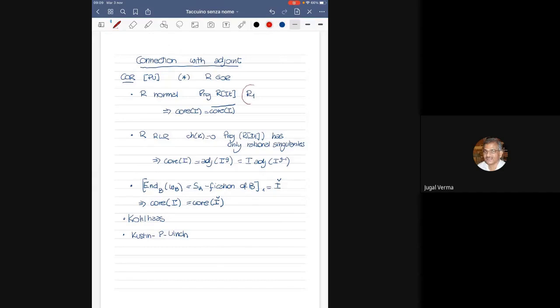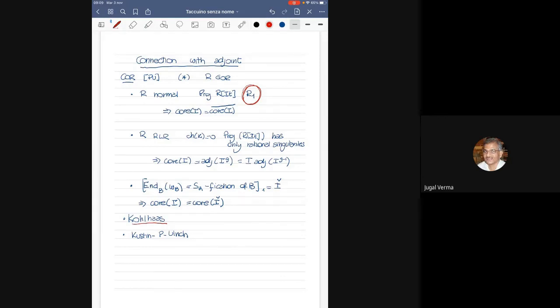But you see, often R1 is enough to check that. As I said, the theorem of Kohlhaas shows that if you have a primary monomial ideal, then R1 is enough to say that the core is the adjoint.